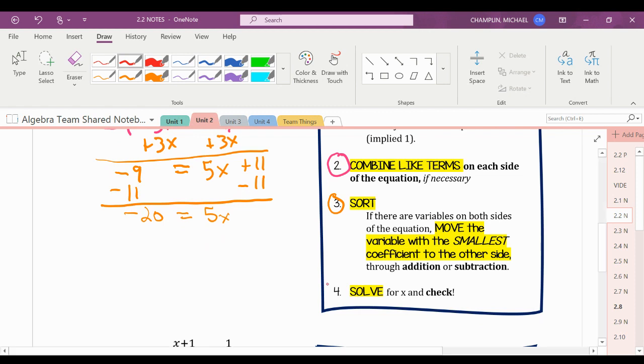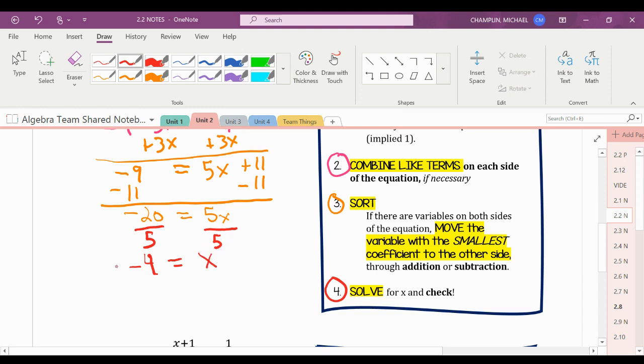Now all we have to do is solve. And to solve, we have to isolate x. To isolate x, we have to get it all by itself by dividing by 5. So whatever I divide on the right side, I must divide on the left side. So now I have negative 20 divided by 5 equals 5x divided by 5, which you get negative 4 equals, and 5x divided by 5 is going to be just x.